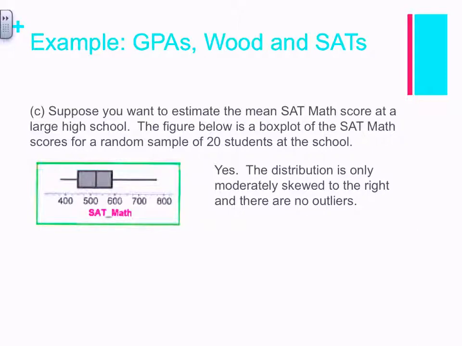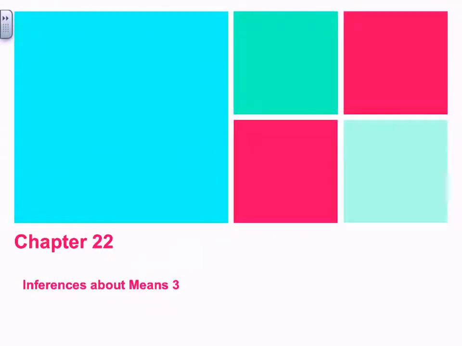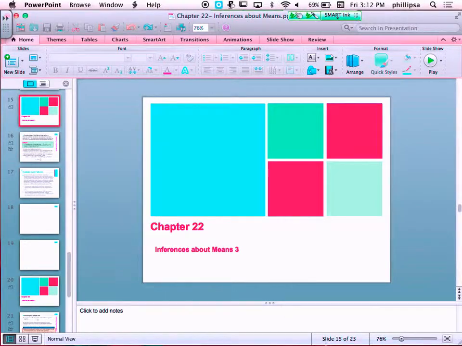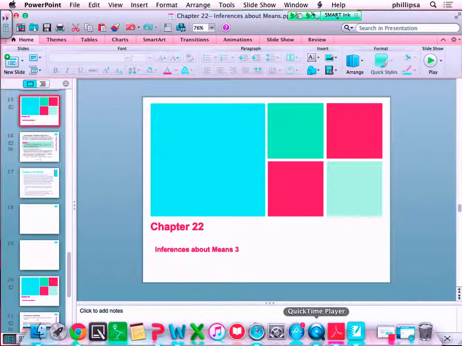In class, I'm going to talk more about the difference between strongly and moderately skewed, so that you have a better idea of when to decide whether it's strongly or moderately, because you will not necessarily choose a t distribution if it is strongly skewed. Okay, and that's it for the second video. In the third video, we will start our confidence intervals.